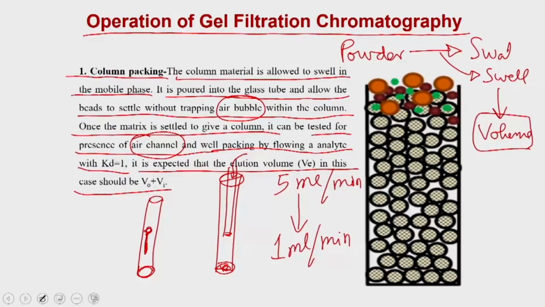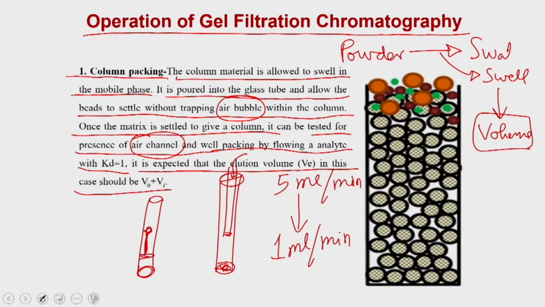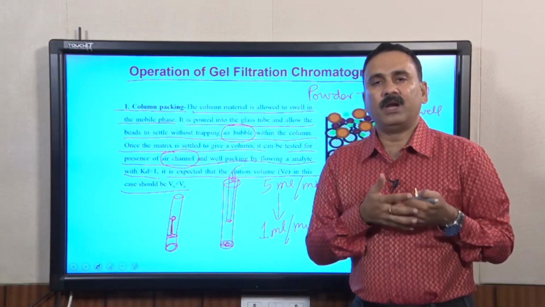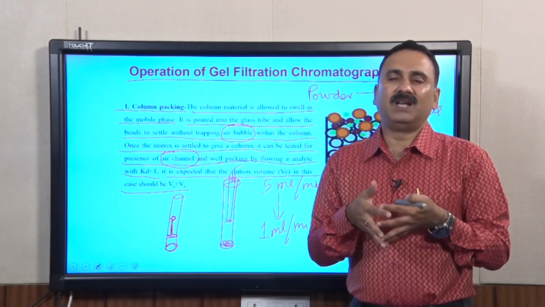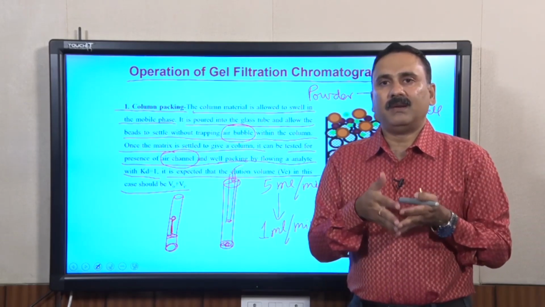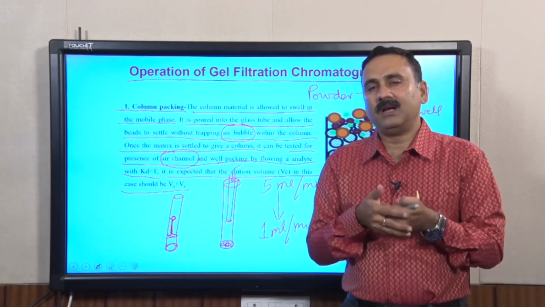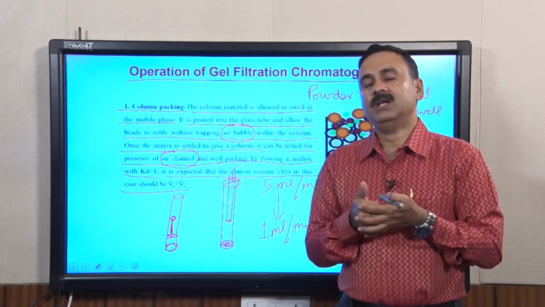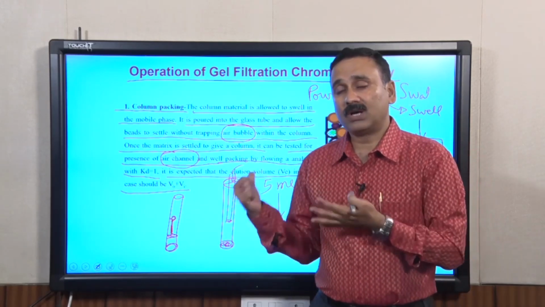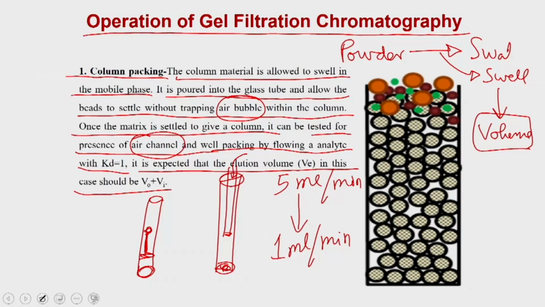Because of that they will mix up with the molecules already present in this layer, and as a result they will not follow the principle of gel filtration chromatography, which means they are not going to be separated nicely, and they will get mixed up with other molecules. Overall it is going to affect the separation or the resolution of this particular column. Now, the question is how you can test that there are no air channels.